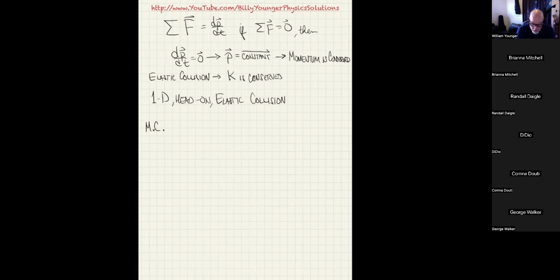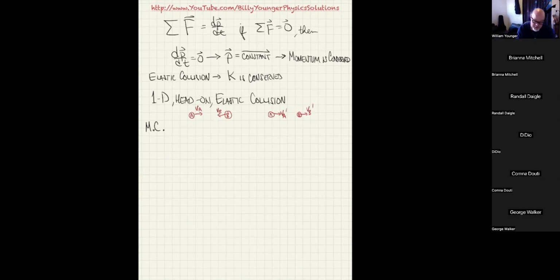What we're looking at here is we're imagining an object A moving with velocity VA and an object B moving with velocity VB. And then there's a collision and object A is now moving with velocity VA prime and object B is moving with velocity VB prime.